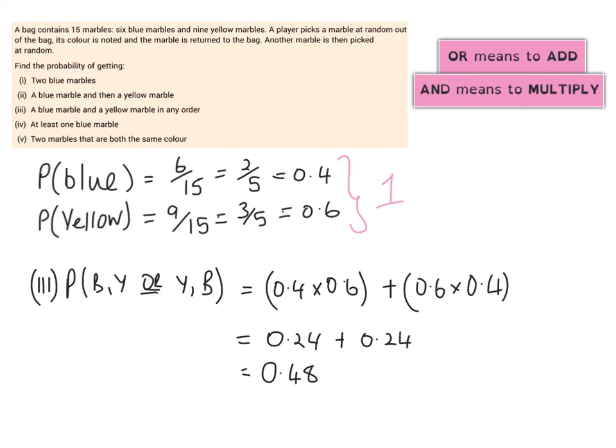So to explain this, here you're saying it's blue and yellow, or yellow and blue. So this is like saying blue and yellow.